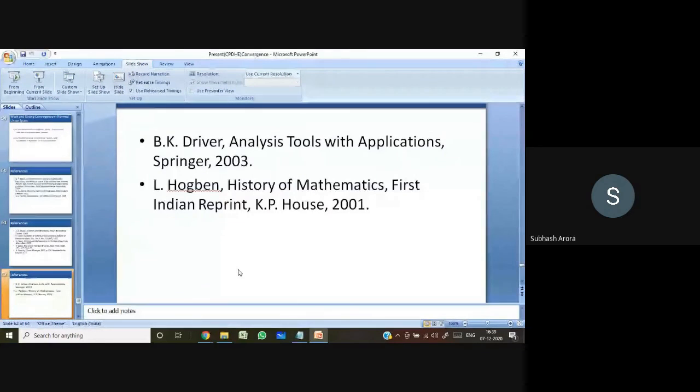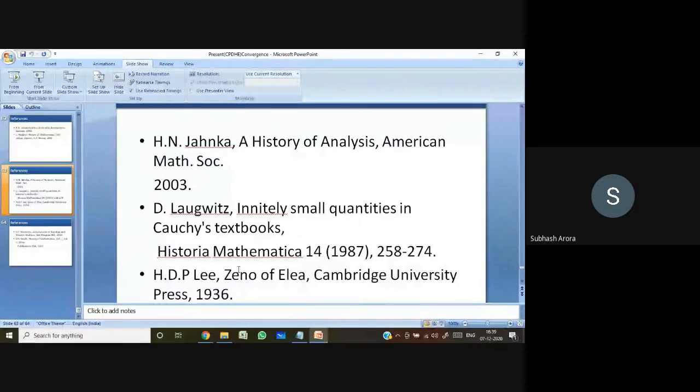Now, history of mathematics. Of course, I made a search for my own topic, convergence, from all these history books written on mathematics.